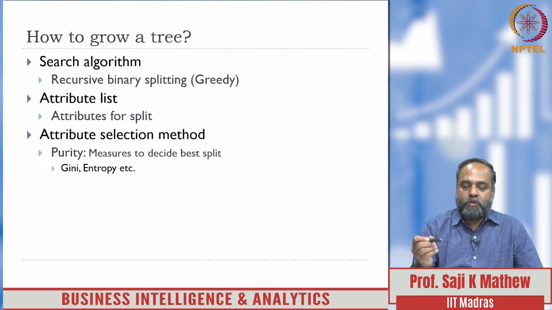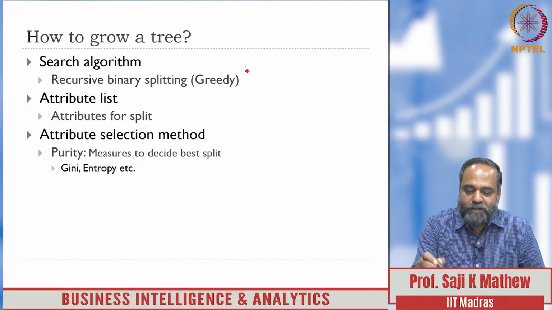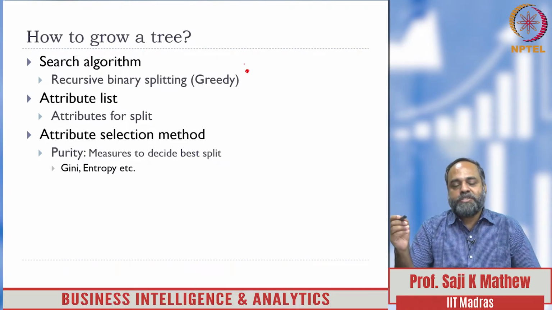Number one, functionally, a decision tree algorithm is a search algorithm. What does it search for? It searches for homogeneity.